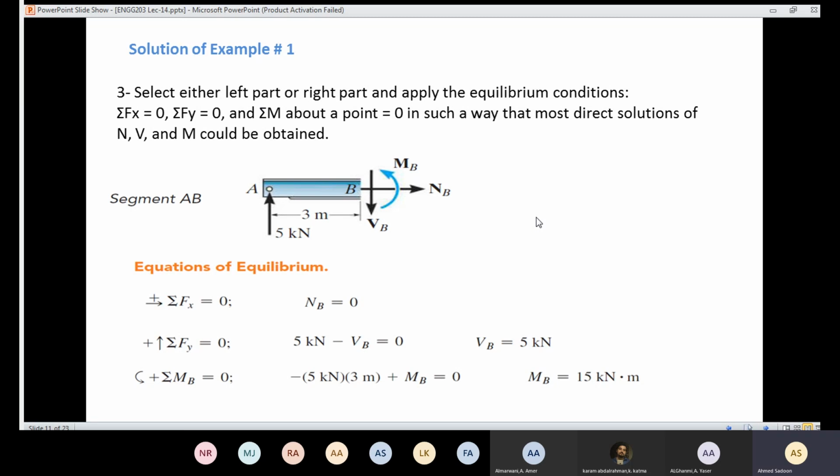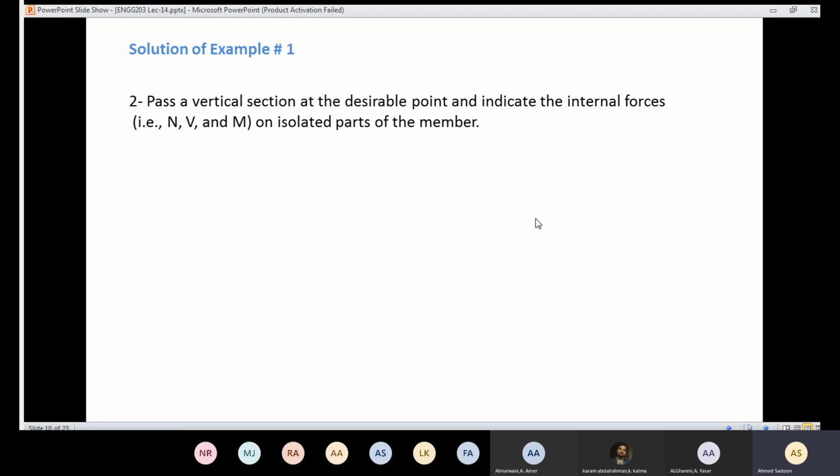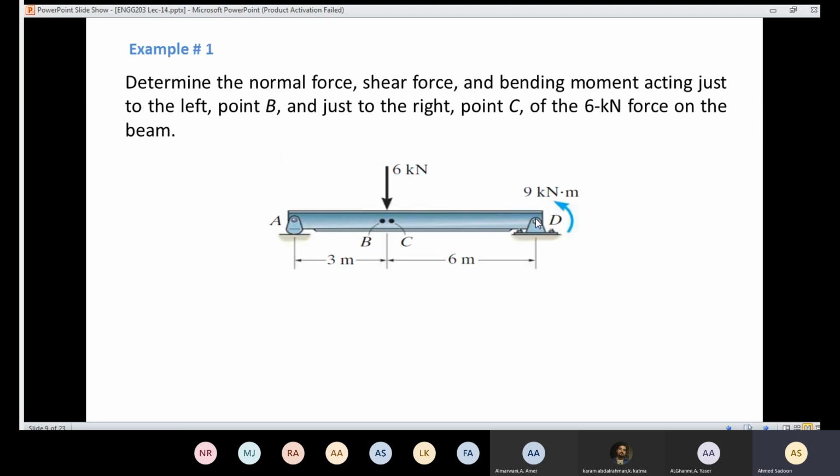Now let's move to part 2 of the problem. If you do remember in the problem here, we need to know the internal forces at B, so we got a section here. And also we need to know the internal forces at point C. So now we are going to pass a section here.